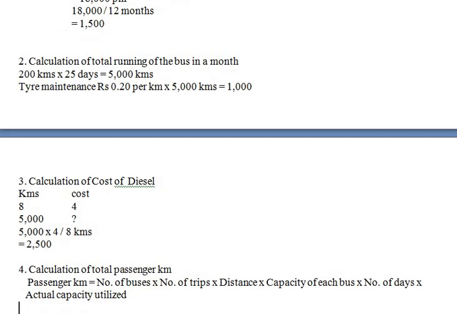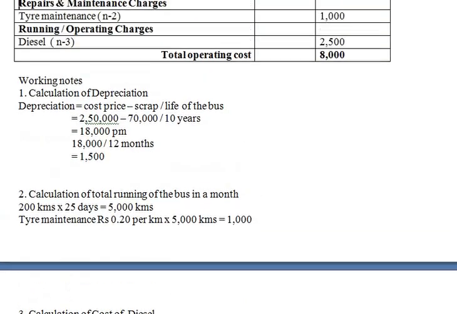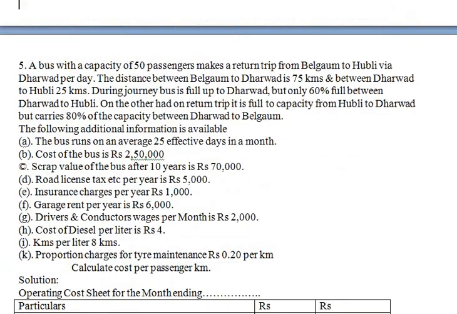Take down the next working note, calculation of total passenger kilometer. Write down the formula. Passenger kilometer is equal to number of buses into number of trips into distance into capacity of each bus into number of days into actual capacity utilized. Written? Yes. Now go through the problem. A bus with a capacity of 50 passengers makes a return trip.